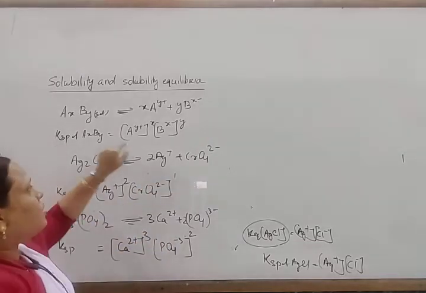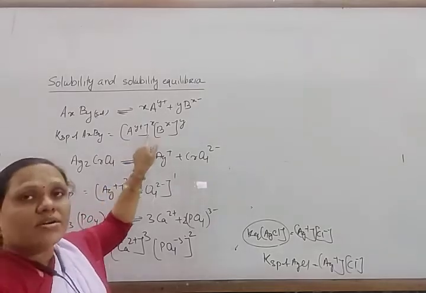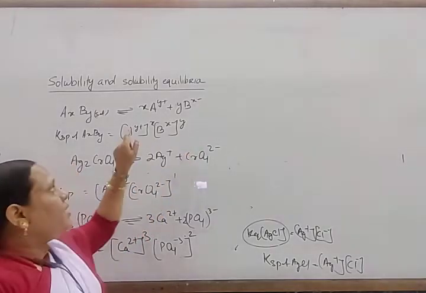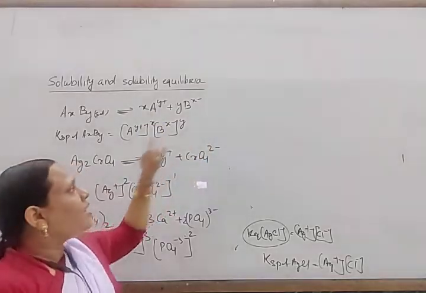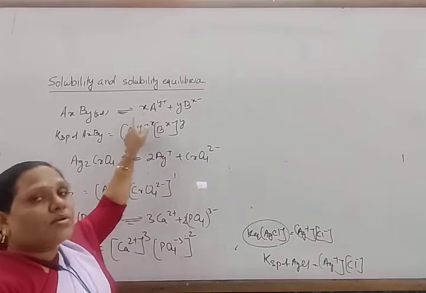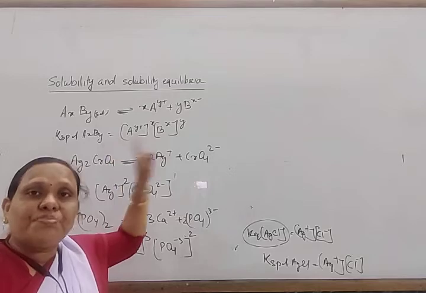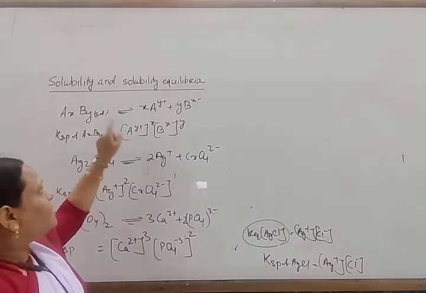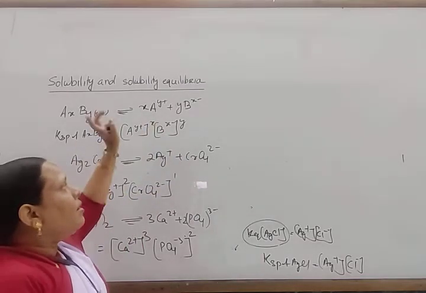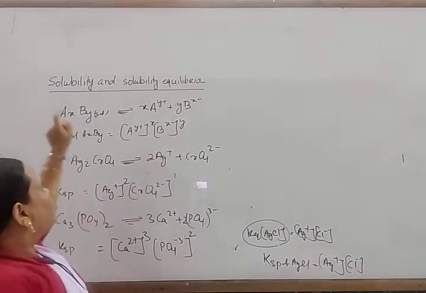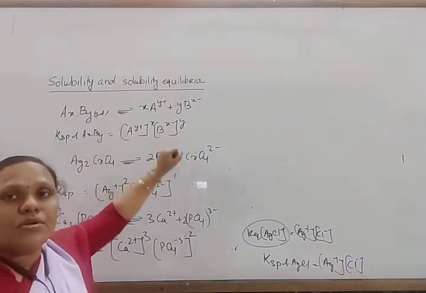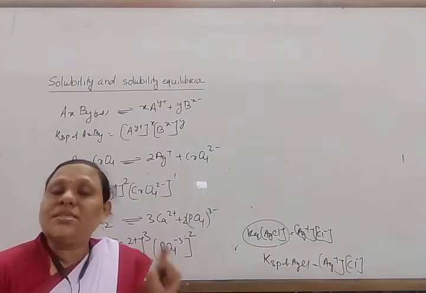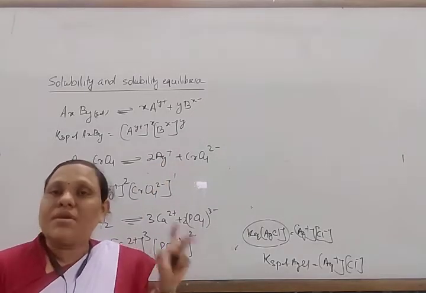The solubility product is the product of molar concentration of ions, each term raised to the power equal to its coefficient as represented in the balanced equation, as given by one molecule of the salt in a saturated solution at a particular temperature.